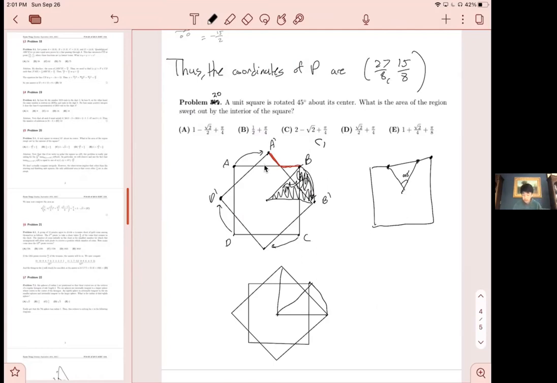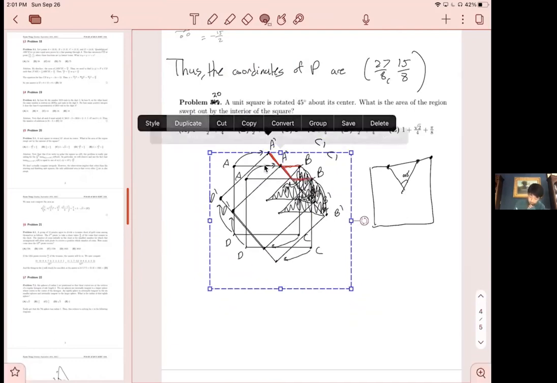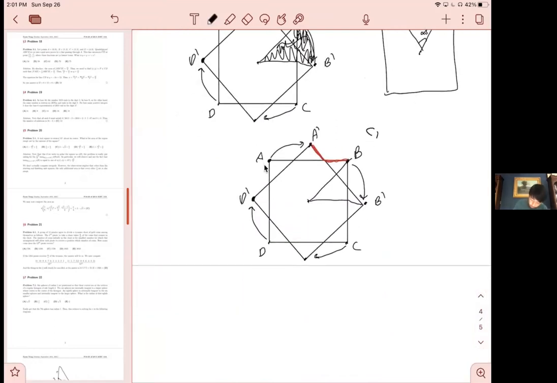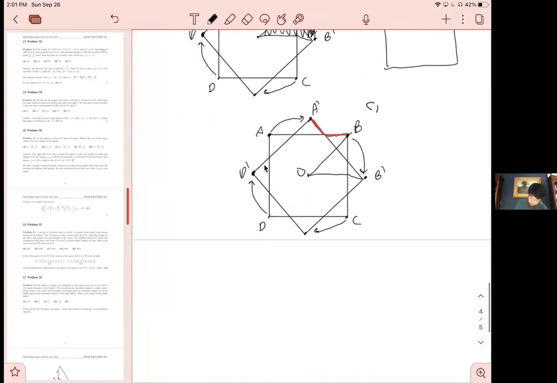We're trying to find the area of this region, the region which my original diagram is so much better. I'm just going to keep using it. We're trying to find the area of this region. Okay. Yeah. So we can find the area of the slices.